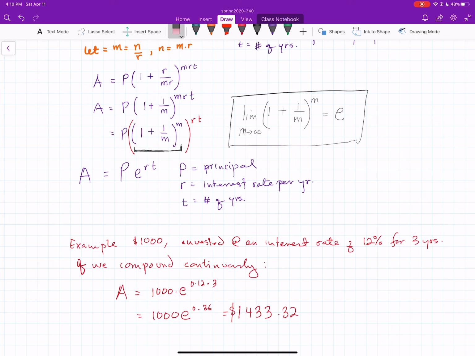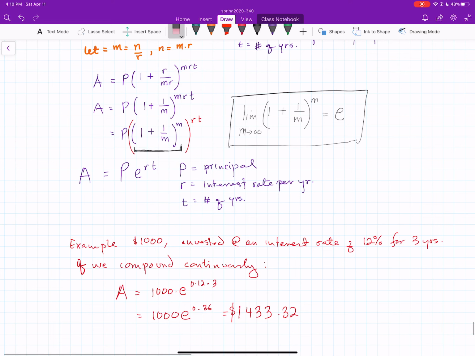And the question is, if we compound it continuously, then this is the equation that you end up getting: 1,000 times e to the 0.12 times 3. And when you calculate this, you end up with 1433.32.